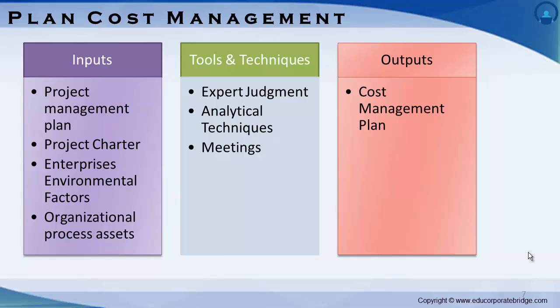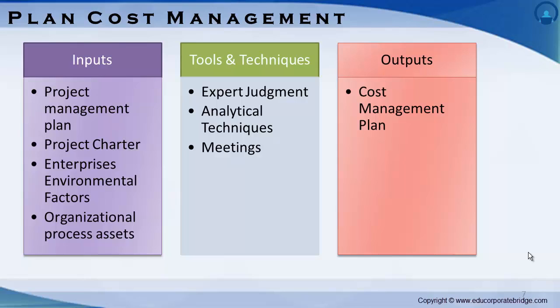The inputs are: first, project management plan. Parts of the project management plan corresponding to project scope is an input to this process. Second, project charter. It is used as an input as it provides the overall budget for the project. Third, enterprise environmental factors.